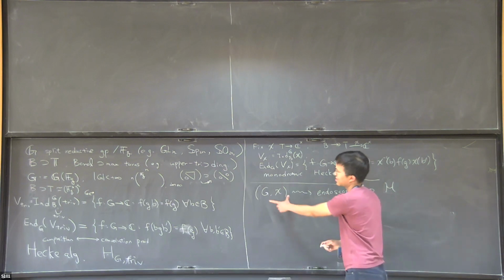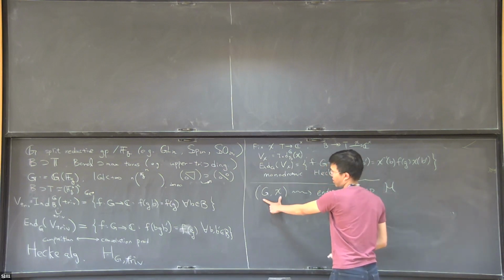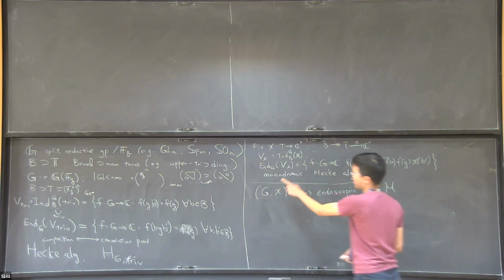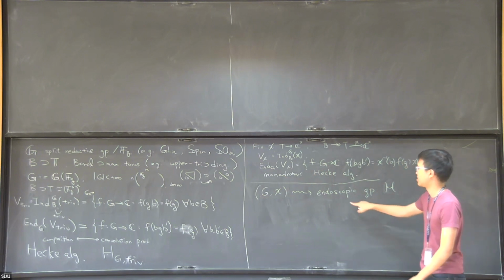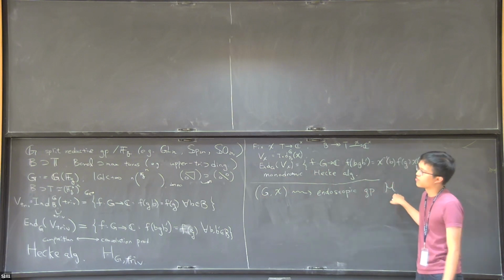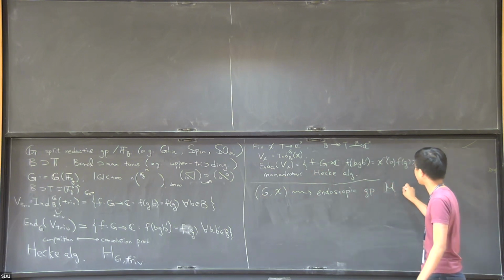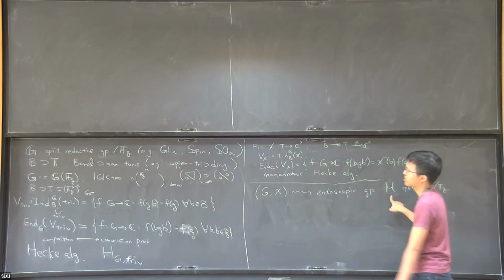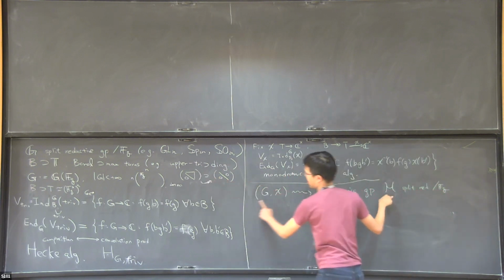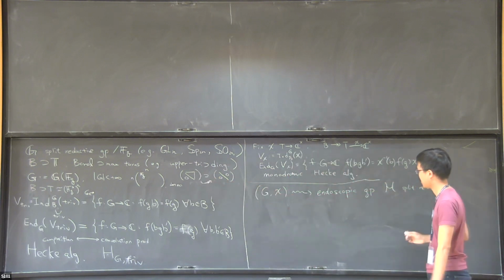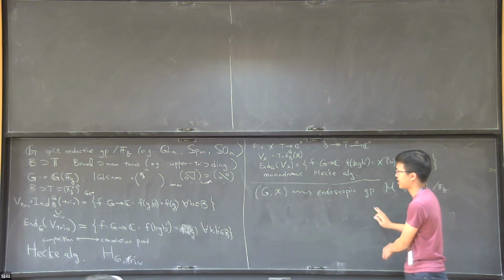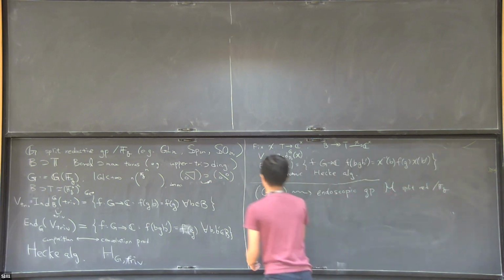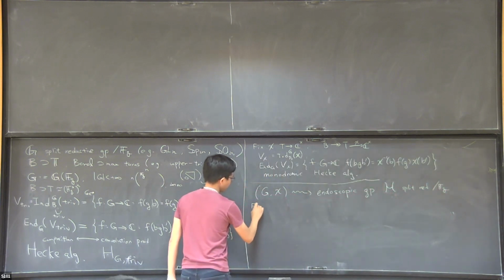Let me repeat it. For every datum of G and chi, I could associate also a reductive group H, split over F_q, such that they share the same maximal torus. And I will give some examples, but let me say the fact first.